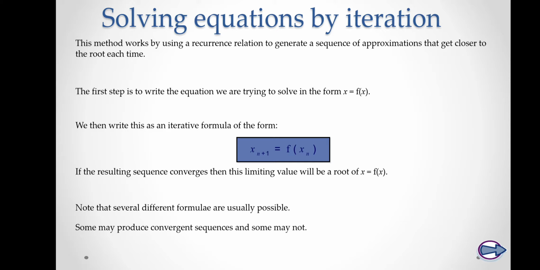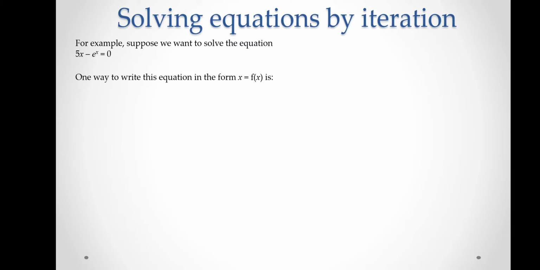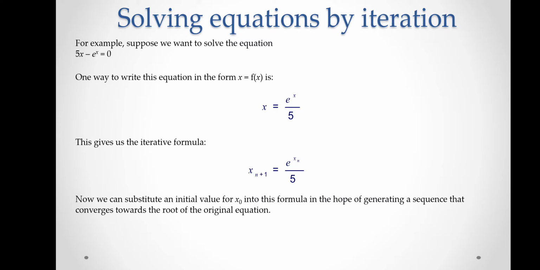As an example, we will take 5x minus e to the power x is equal to 0. You can make x the subject here: x is equal to e to the power x divided by 5. So you can rearrange this as x n plus 1 is equal to e to the power x n divided by 5. So this is the iteration formula.